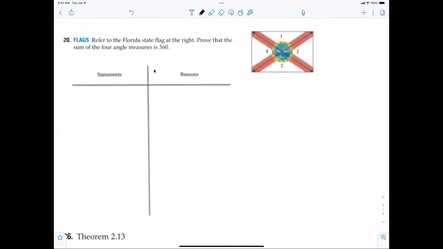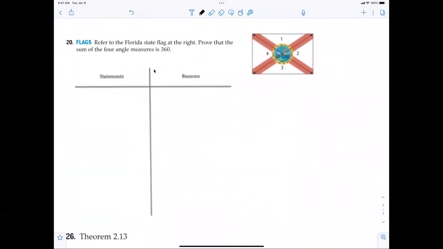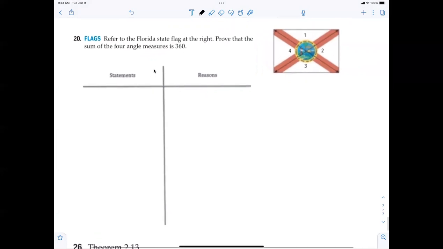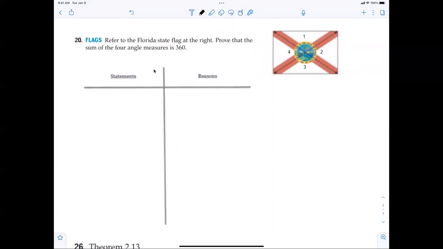All right, here is our Florida State flag. Prove that the sum of the 4 angle measures is 360 degrees. I'm just going to go ahead and write out the given for you.